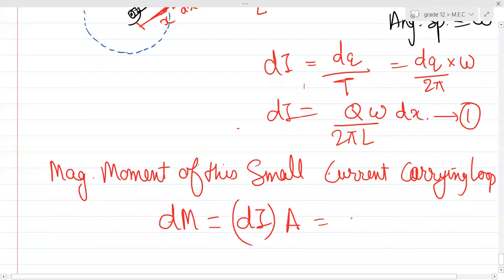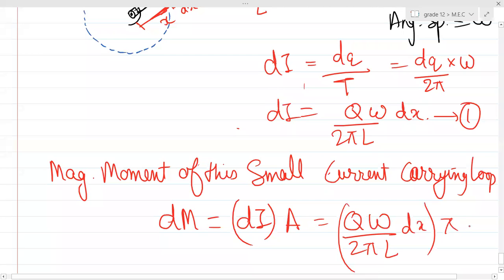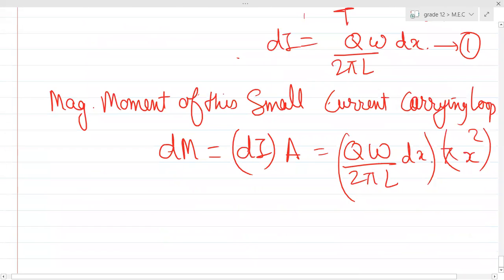So I can write this thing as q omega by 2 pi L dx into pi x square. Is this clear, guys? Yes or no? Once you do this, you can calculate the total magnetic moment.